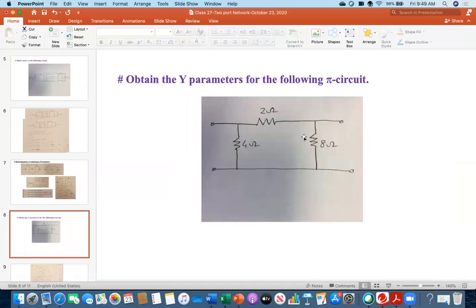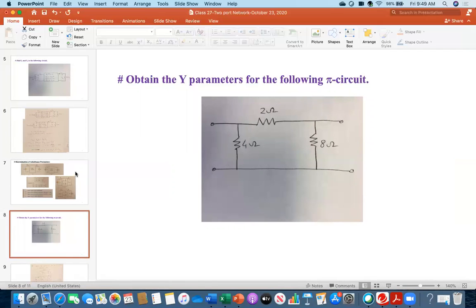You will assume that first there is a current source I1 here, and there is V1, but the right side is shorted. Next you will assume that there is a current source I2 here, there is V2, but this side is shorted. Then can you calculate the Y parameters?